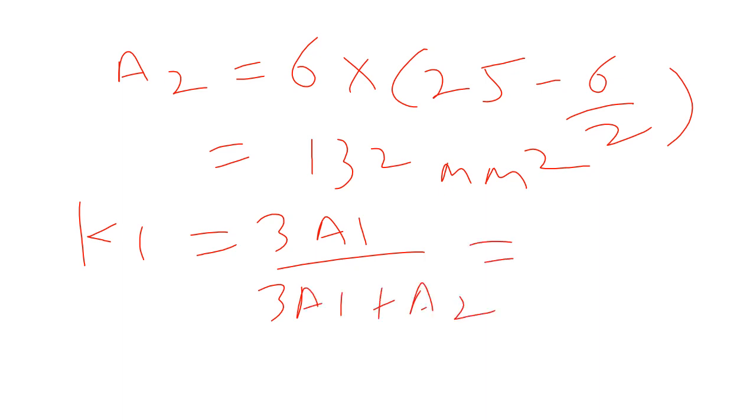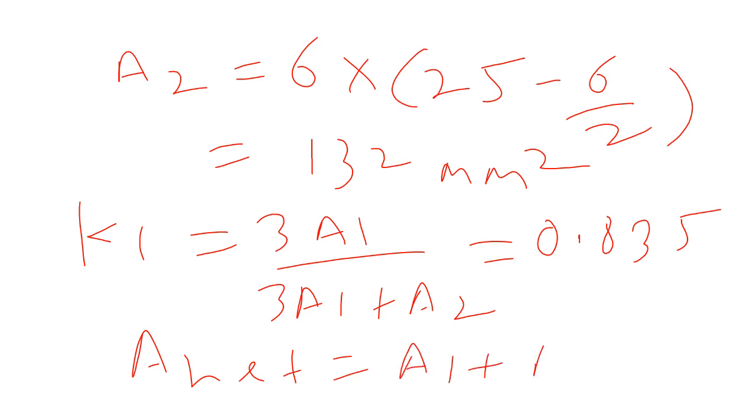So plug in the values and you will get this factor, which comes to 0.835. Once we have these values A1, A2 and K1 for the welded connection, the job is to find out the net effective area. So A net, again the same formula, A1 plus K1 into A2.